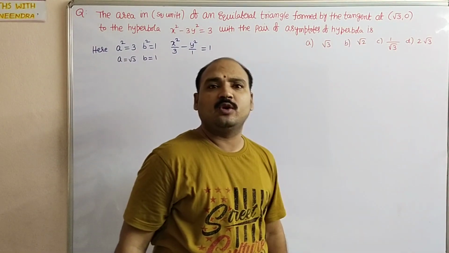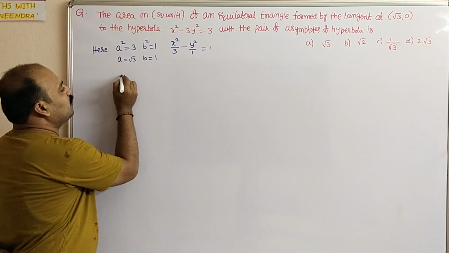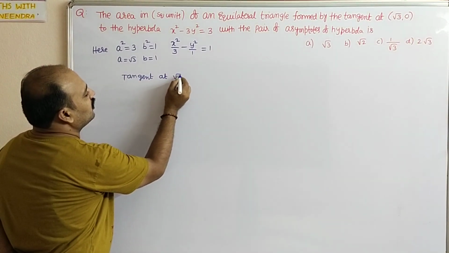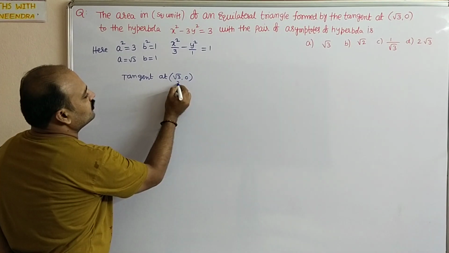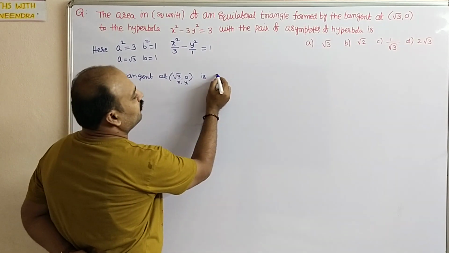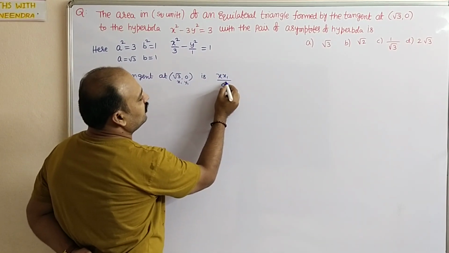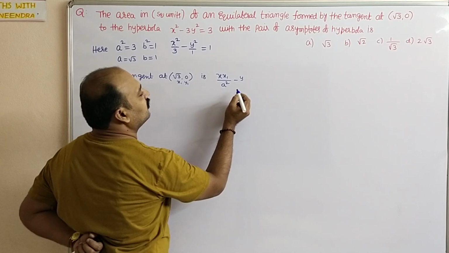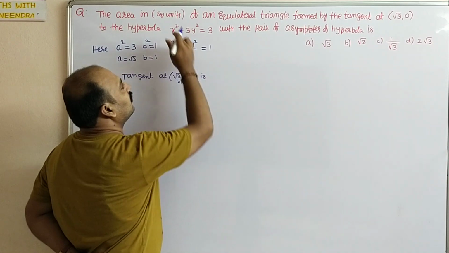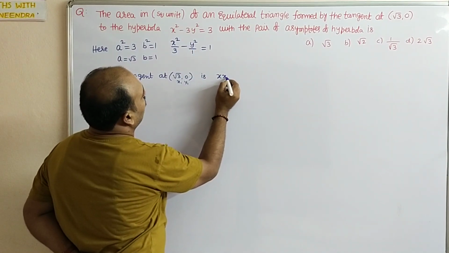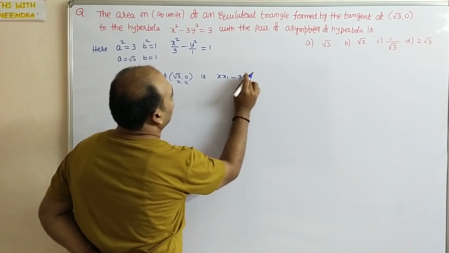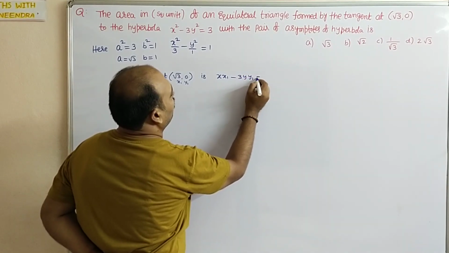Tangent at what point are they asking? Root 3, 0. So the tangent equation at root 3, 0: this is x1, y1. The formula is xx1 by a square minus yy1 by b square. Otherwise, from here only, directly, xx1 minus 3yy1 equal to 3.